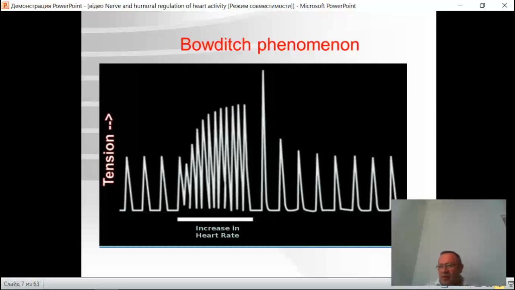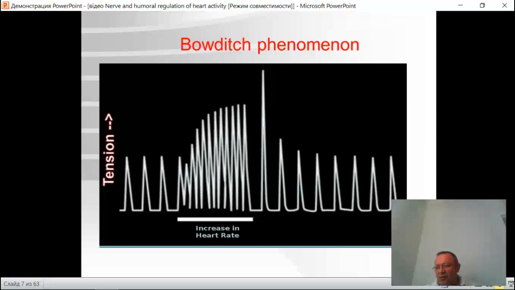However, the force of contraction does not increase without limit. Cardiac output reaches maximum values at a heart rate near 150 per minute. With a further increase in heart rate, the force of contraction gradually decreases, because there are no more free active actin centers and myosin heads in sarcomeres.